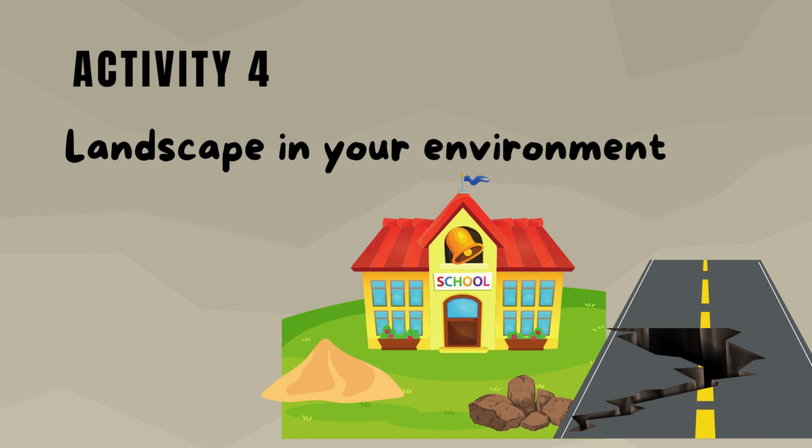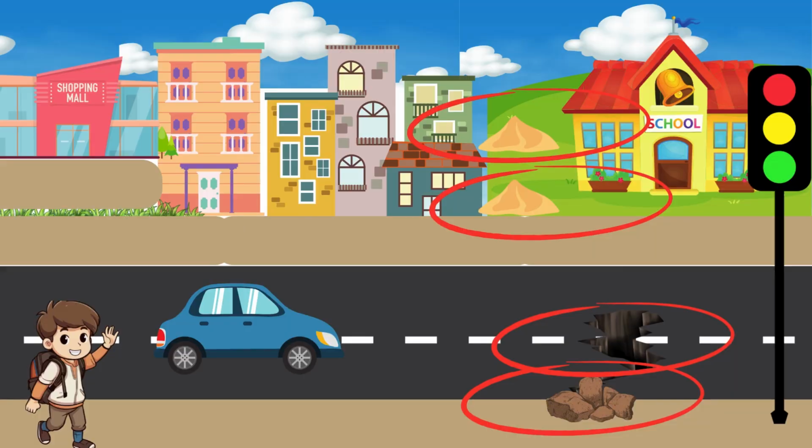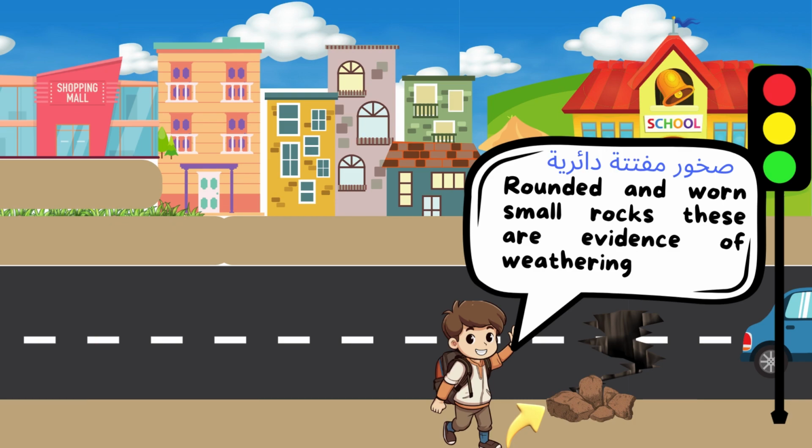As we will see in our environment, while you are going to school, some evidences of weathering, erosion, and deposition. Okay? First, as you see here, while you are going to school, you saw what?